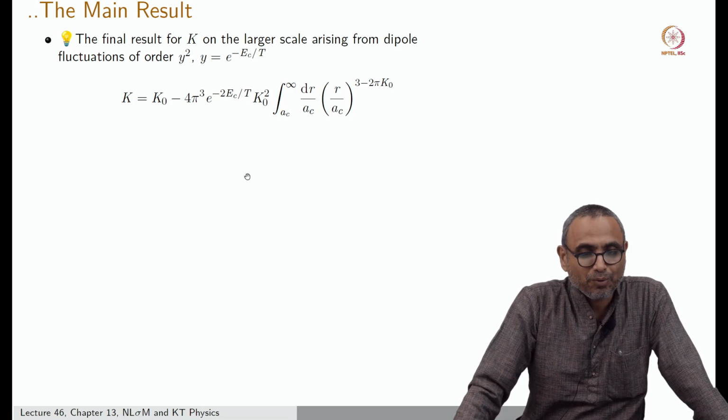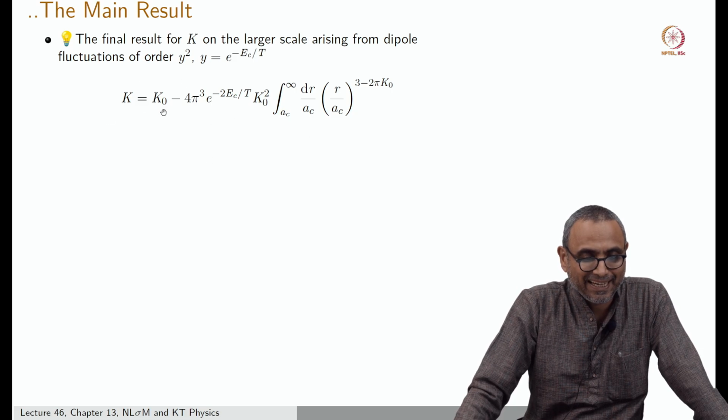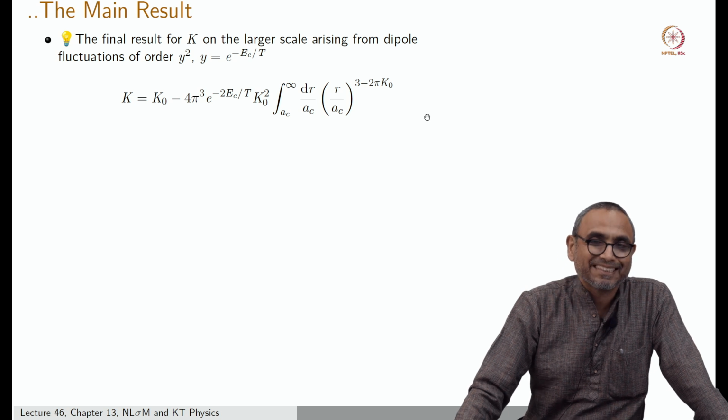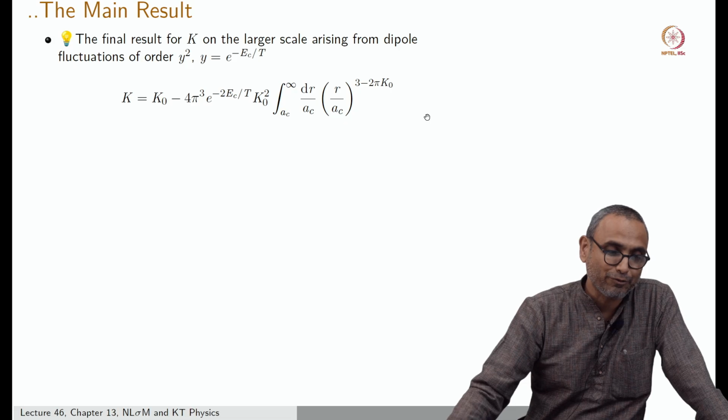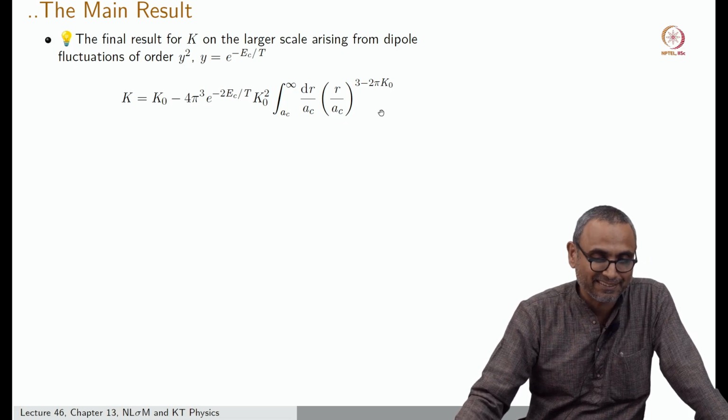fine. So now after all the discussion, we have come to this stage, and to order y squared, I see that k and k0 are related in this fashion. Now remember I am interested in the dielectric constant, so I have to take the inverses of these things.